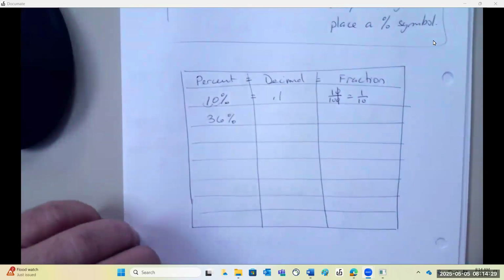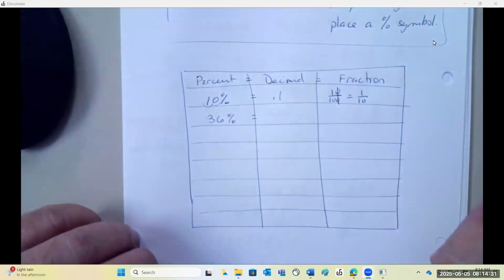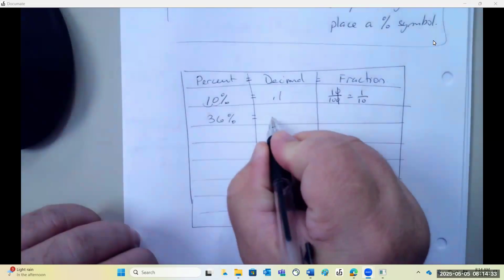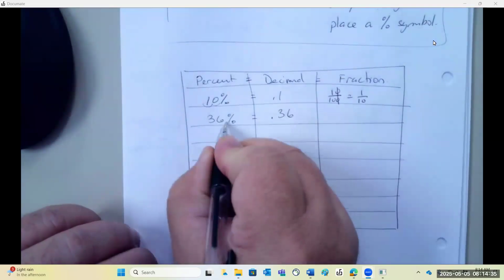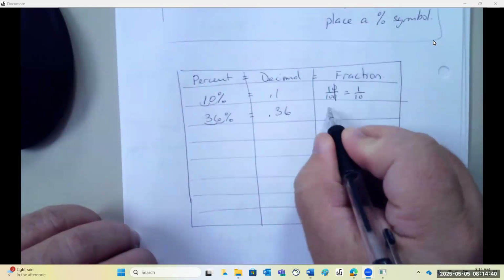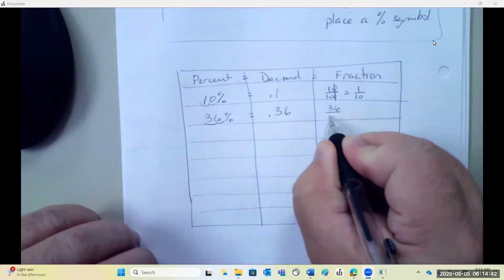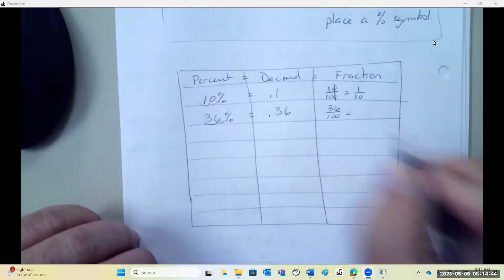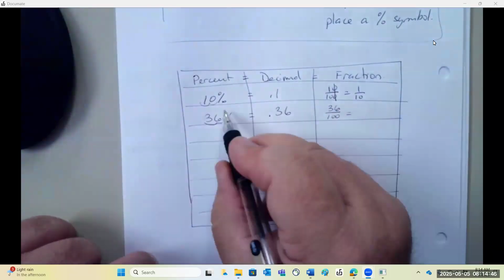36%. What would that be in decimal? All right, so we move it 2 to the left. And then convert it to fraction. Just take that number divided by 100.